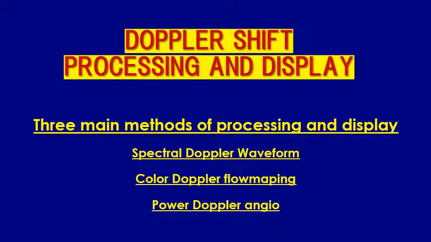The next journey for the Doppler shift is that it will be delivered to some components in the Doppler ultrasound system, and these components process it into several applications that we have. For example, the Doppler spectrum waveform, the color Doppler flow mapping, and the power Doppler angio or power Doppler imaging.